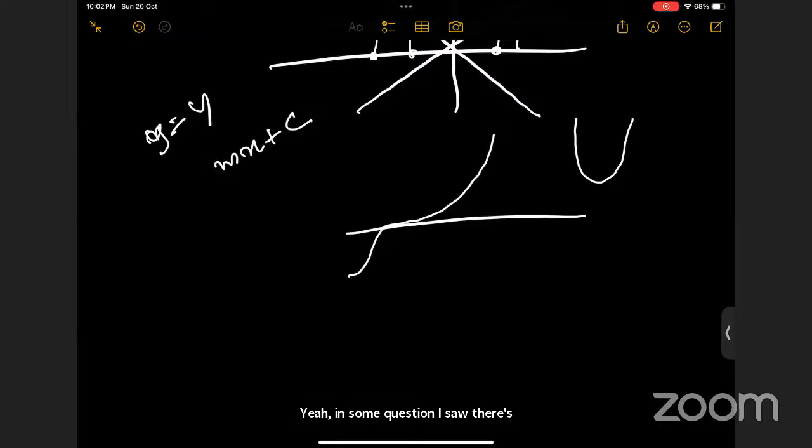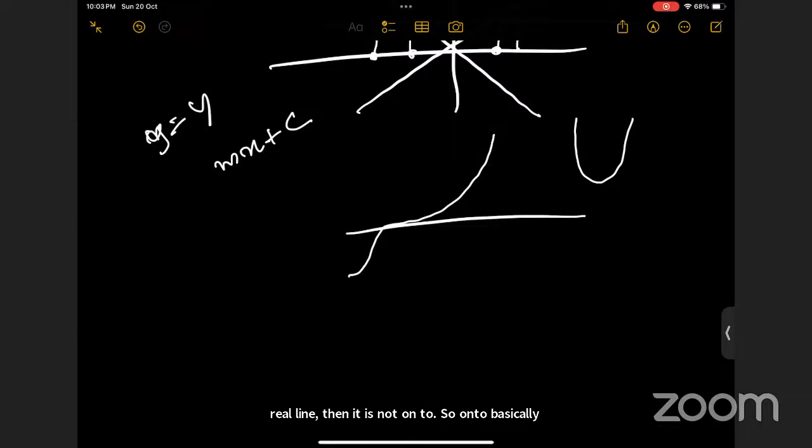But it will be onto, depending on the range. If the range is just a singleton set, then it is onto. But if the codomain is the whole real line, then it is not onto. So onto basically depends on the codomain.